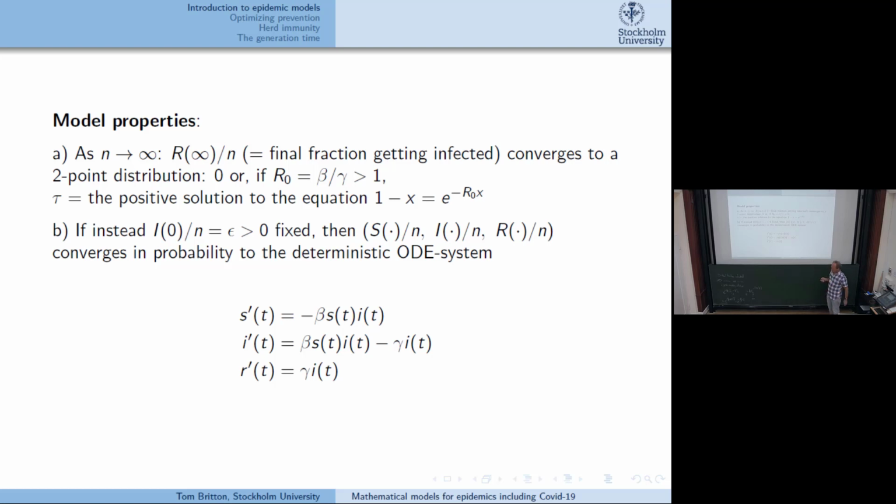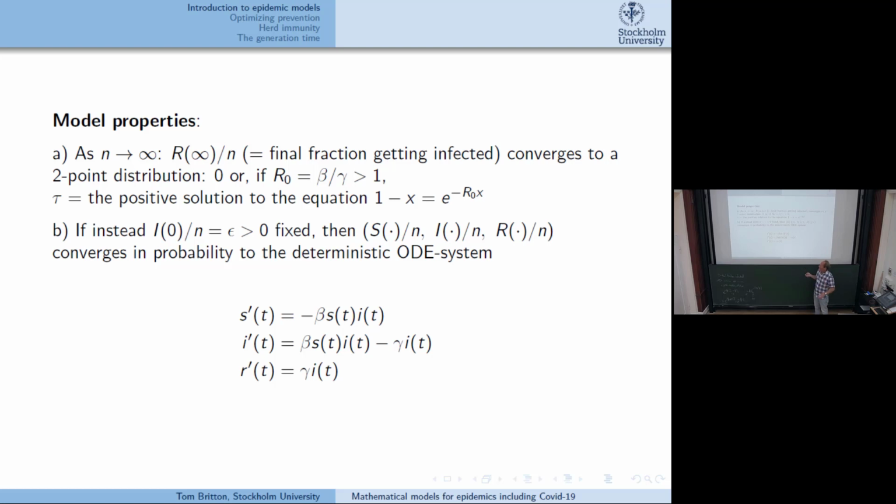And then, if you're interested not only in the final size, but the whole epidemic process, then what happens in the beginning is very different from what happens later on, because in the beginning it's actually, well, to start off, one infected person. You can never approximate that by something deterministic, and then there might be 2 or 3, so you cannot approximate that by something deterministic. That part you approximate by a branching process.